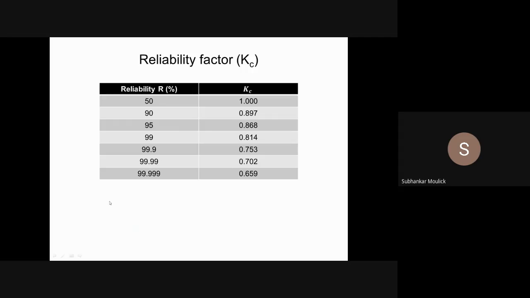But while designing a fatigue problem, you have to see clearly in the question how much reliability is given to you. According to that reliability, you have to find out the value of KC. Is it clear? Any doubt so far?